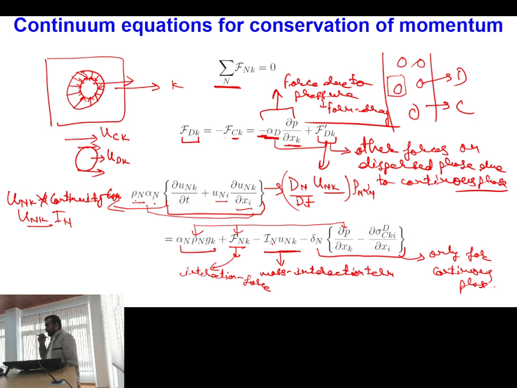So it means that if you have a multi-phase system, there is the total rate of change of momentum of that phase, which is represented by this Lagrangian derivative, plus an additional rate of change of momentum because of mass gain or mass loss, which is shown by this term I. Is this one clear?